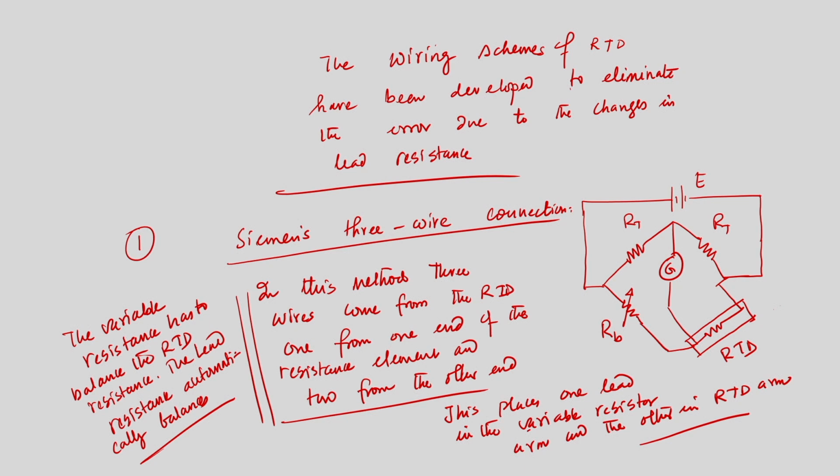Using this Siemens 3 wire connection, we have discussed that 3 wires come from the RTD, one from one end of the RTD resistance filament, and 2 from the other end. Now, we have seen that the variable resistance has to balance the RTD resistance, and the lead resistance balances automatically.